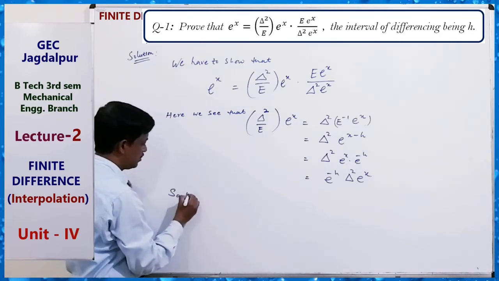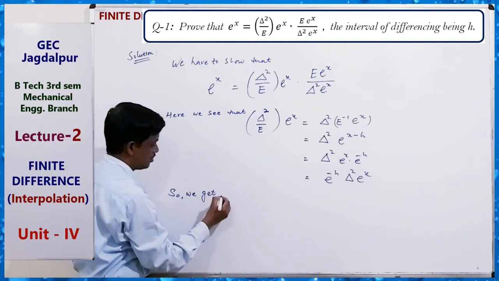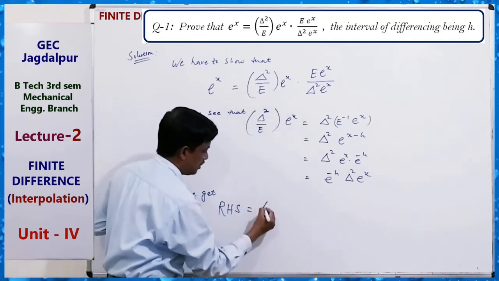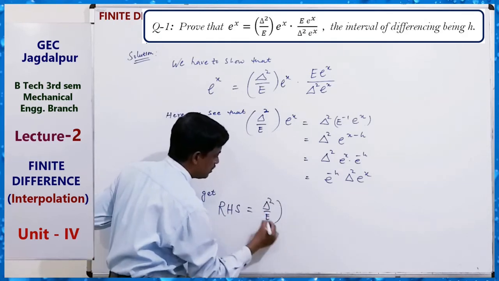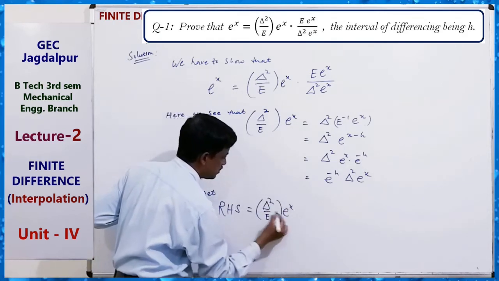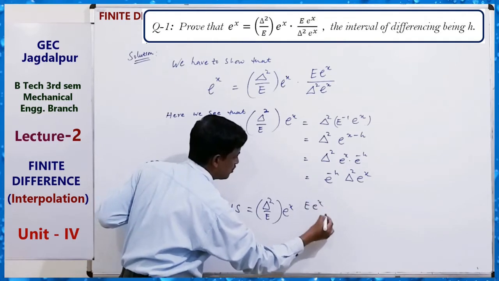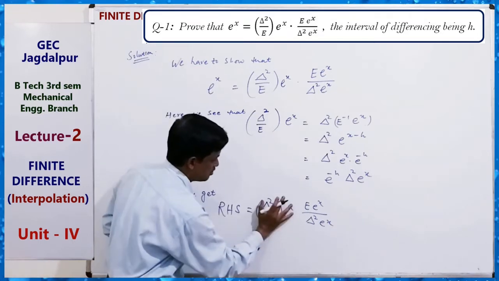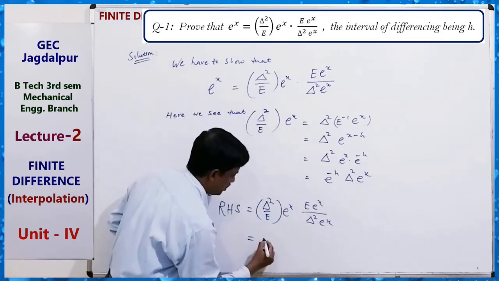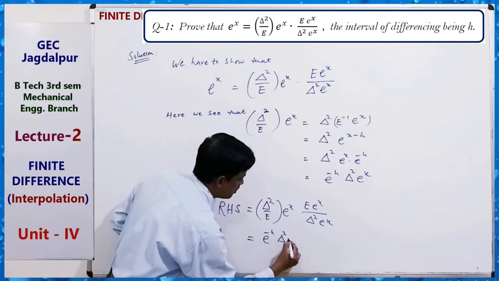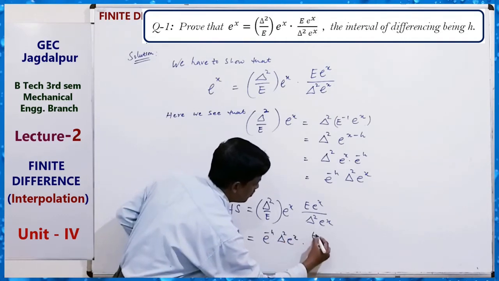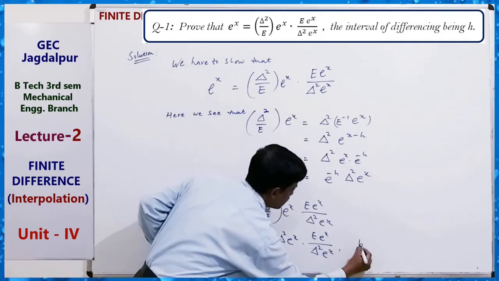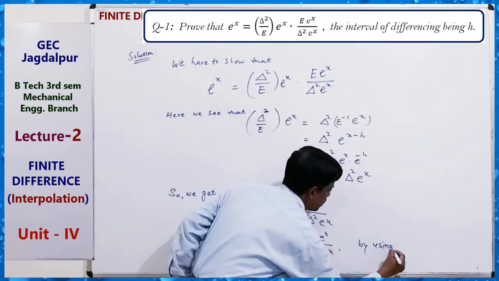So we get the right hand side: del square by E, e to the power x, e to the power x upon del square e to the power x, is equal to, put here, e to the power minus h del square e to the power x into e to the power x upon del square e to the power x.